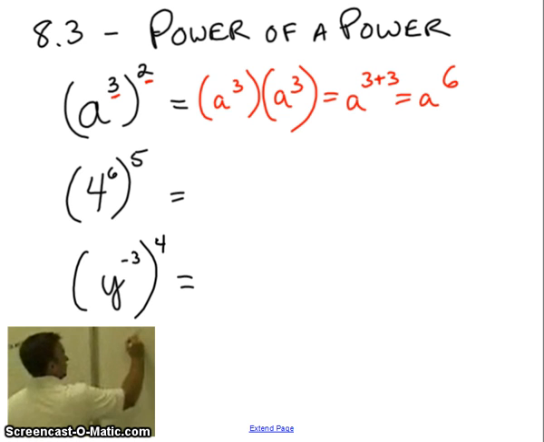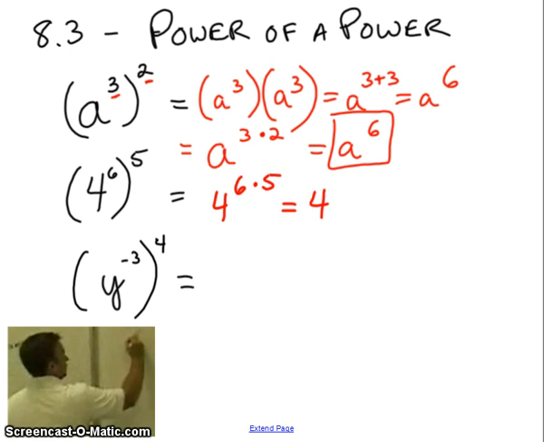Okay, but with the power of a power, we could shorten this up a little bit. A cubed to the second power is a to 3 times 2. We just multiply the two powers, which is a to the sixth. Right? So 4 to the sixth to the fifth is 4 to the sixth times 5, and that's 4 to the 30th.